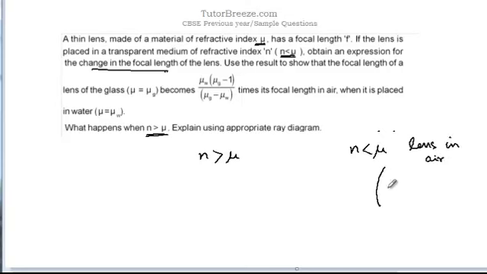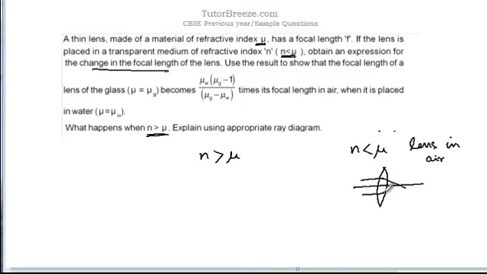In that case, a convex lens will converge a beam of light which is incident on it, and its focal length is positive. But if the same lens is placed in a medium whose refractive index is more than that of the lens, the light which is incident on it will diverge, and the focal length of this lens is negative, and it behaves like a diverging lens.